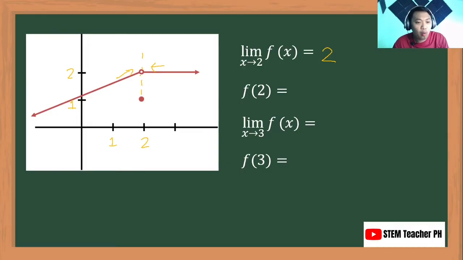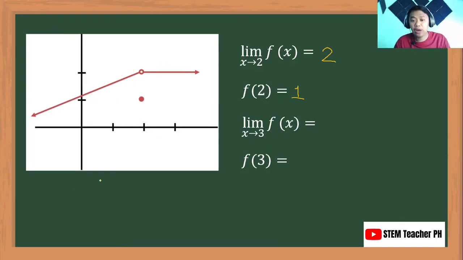It means it is open at 2, 2 is not included, but as we go down, our function at x equal to 2 has a value in y that is equal to 1. So the value of our function f of 2 is equal to 1, while our limit is equal to positive 2. That is where the limit and the function differ.